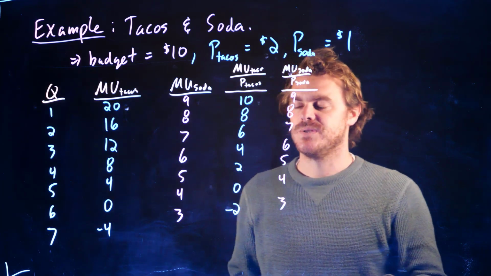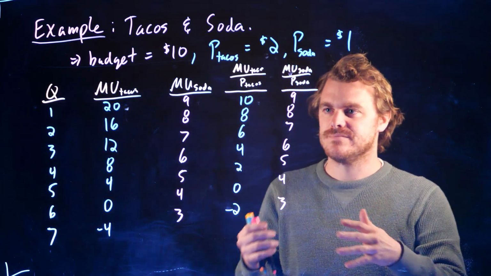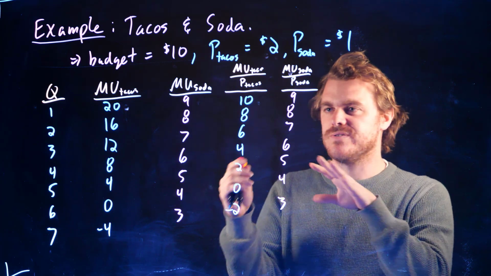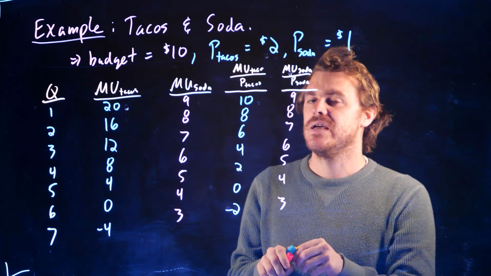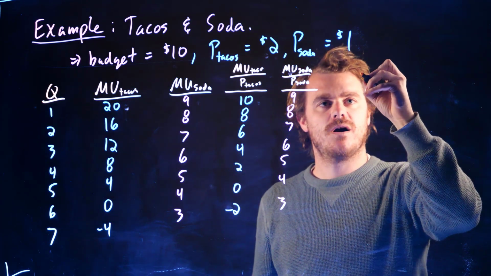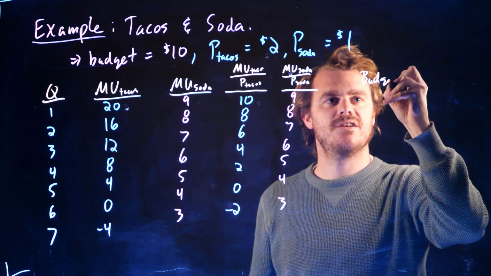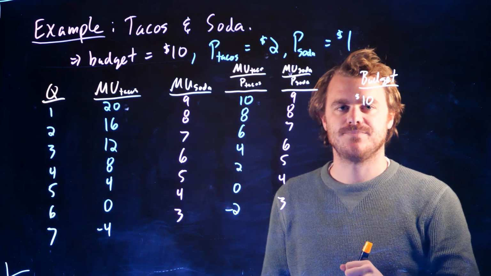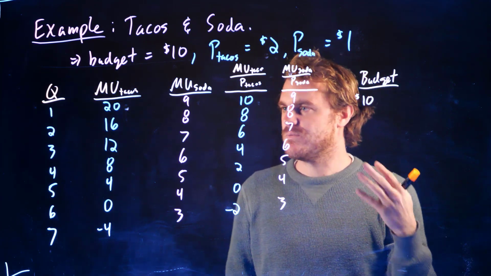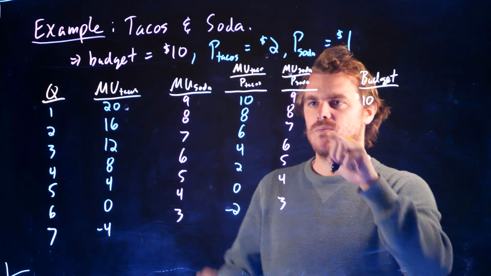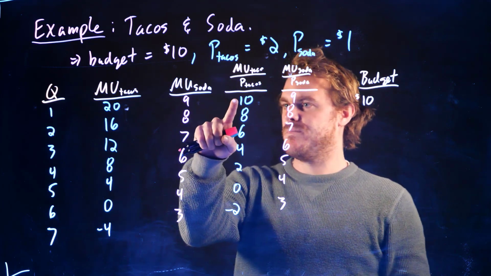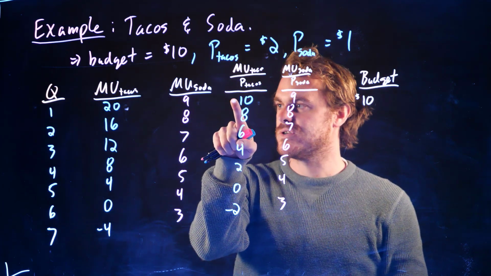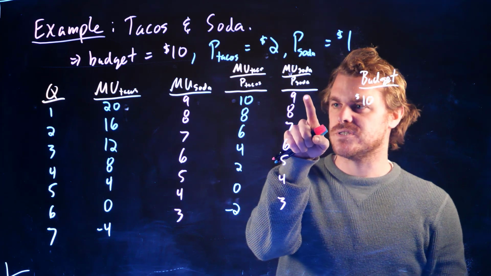All right, so now all we have to do is figure out which of these combinations we want. So remember our budget starts at $10, and we're going to work our way down. So we have $10 to spend. Well, what are we going to buy first? We can either buy the first taco or the first soda.